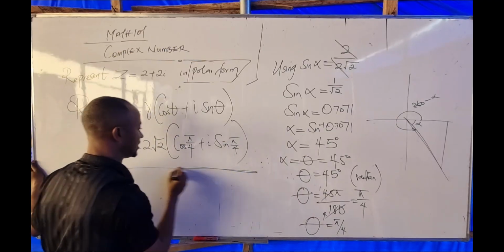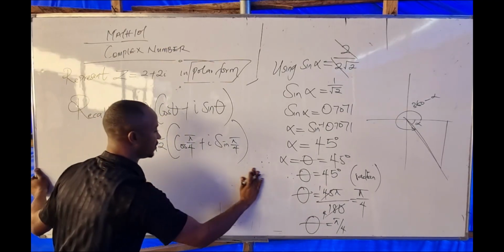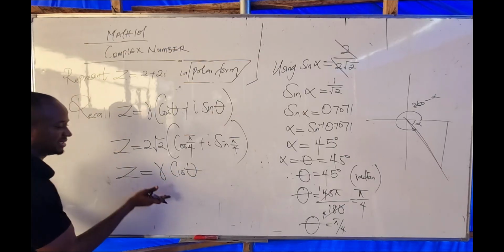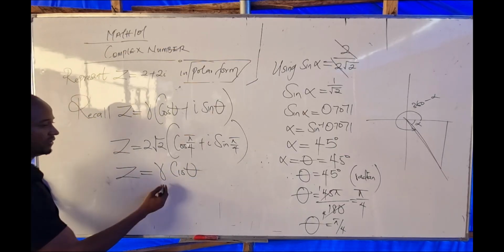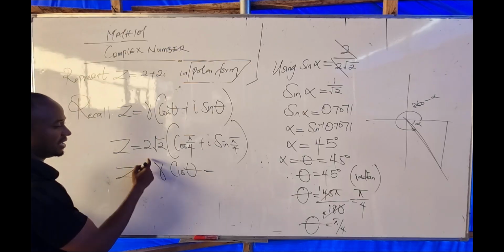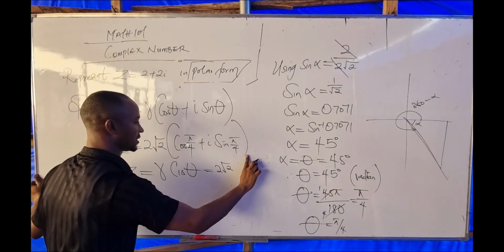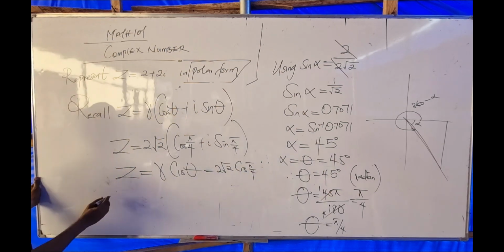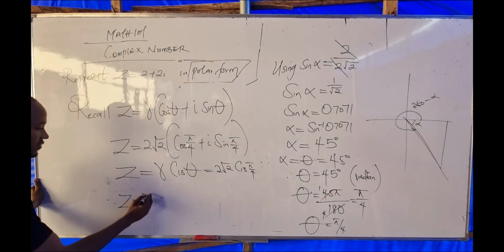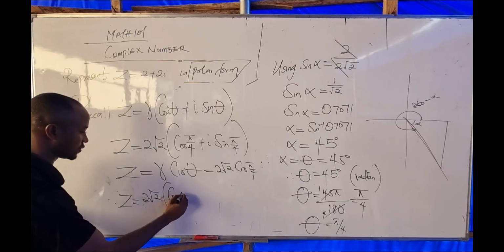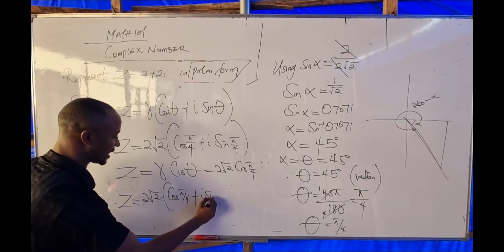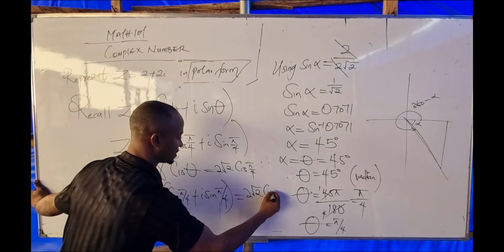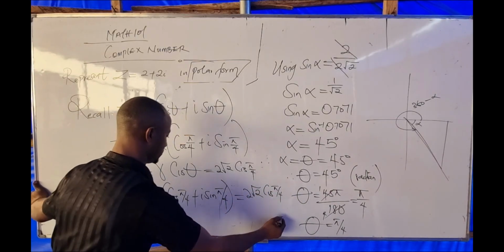This is the final answer. This expression is called the polar form of a complex number, which is also represented as r cis theta. If I put this in this form, the value of r is 2 root 2, and our theta here is pi over 4. Therefore, we can say that z equals 2 root 2 in brackets cos pi over 4 plus i sine pi over 4, which equals 2 root 2 cis pi over 4. Final answer.